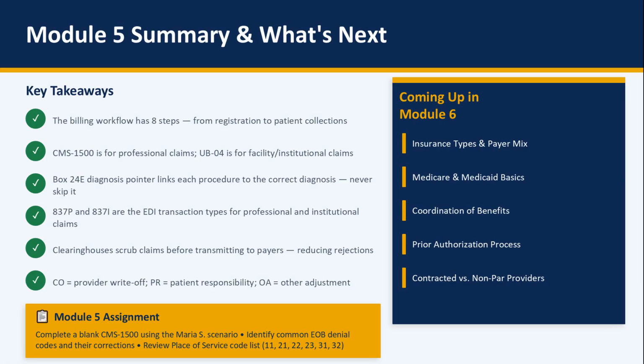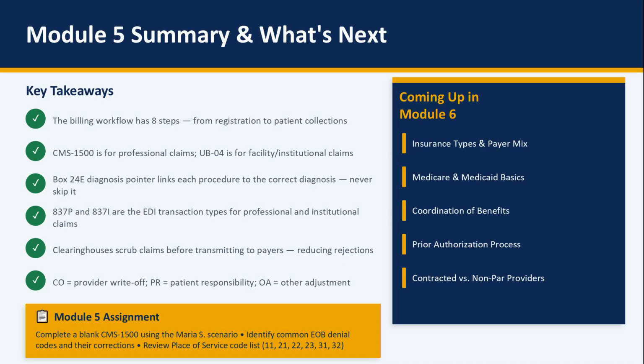2. Know your claim forms. CMS 1500 for professional services, UB 04 for facility and institutional services. They're different forms for different provider types with different fields and different complexity levels. 3. The diagnosis pointer in Box 24E links each procedure to the right diagnosis.